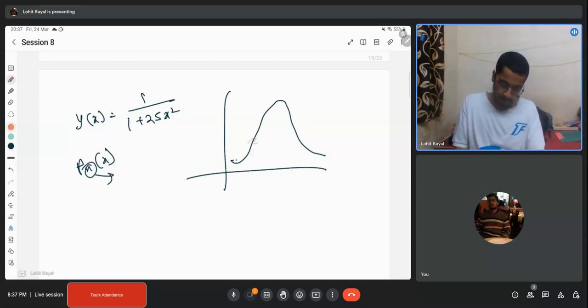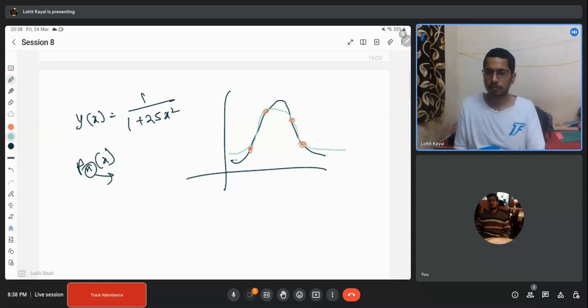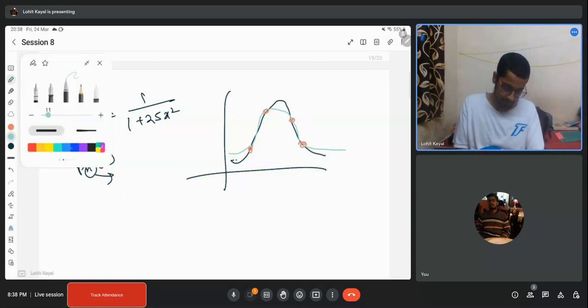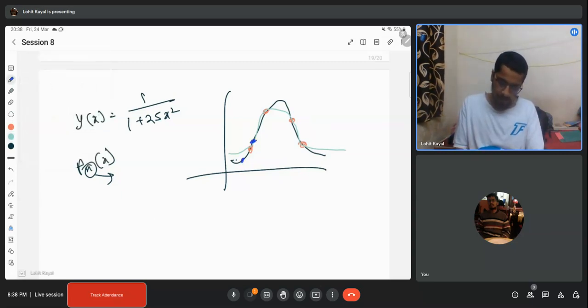Suppose I have a total of 4 points, and I get some approximate match. This is not a good match. If you increase your data points, that means the order of the polynomial will increase, but it will never reach a good match.